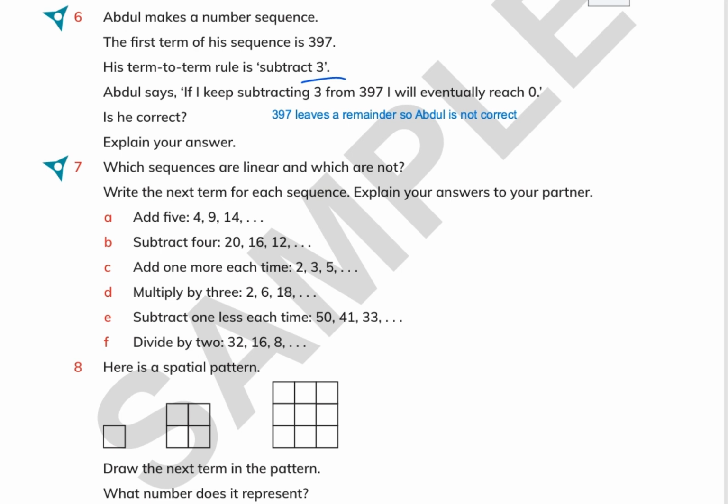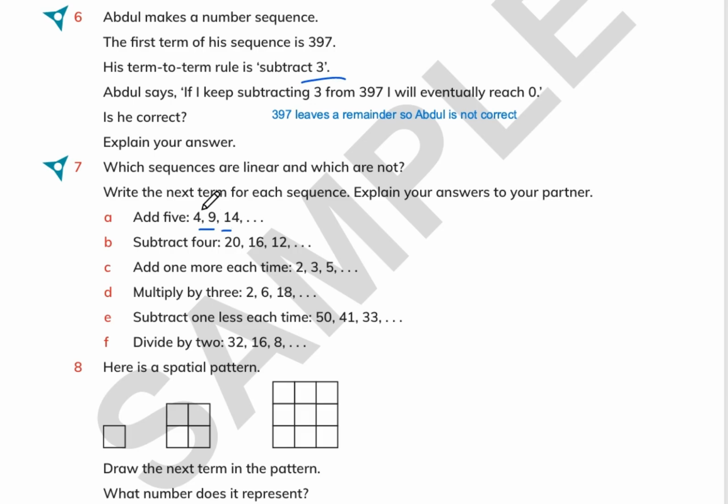And the sequence where the difference between two consecutive terms is not the same, it's different, we say this is non-linear. Here you can see that the difference is 5. The term-to-term rule here is plus 5.